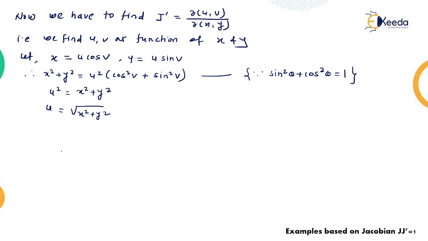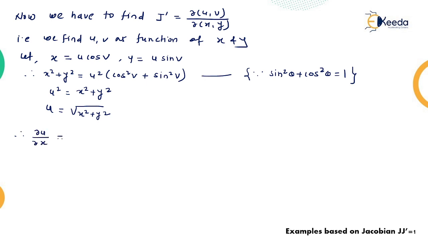Similarly you have to find v. So this is u, and immediately you have to calculate dou u by dou x.